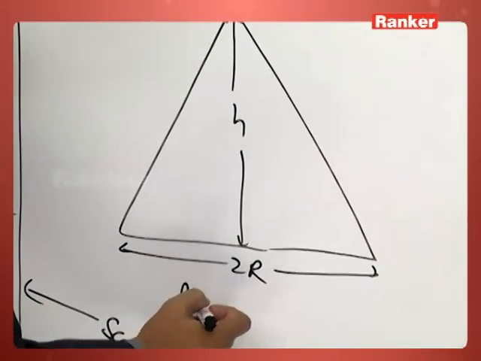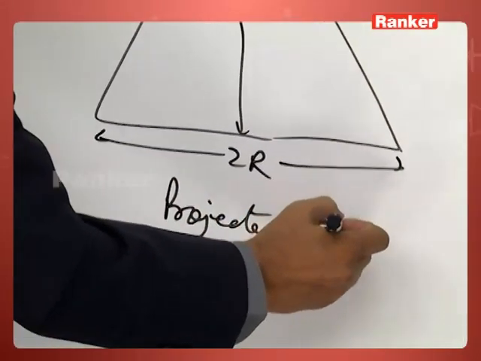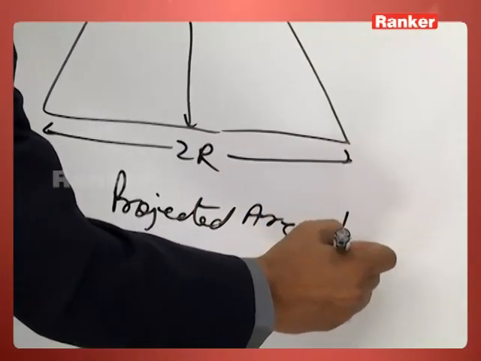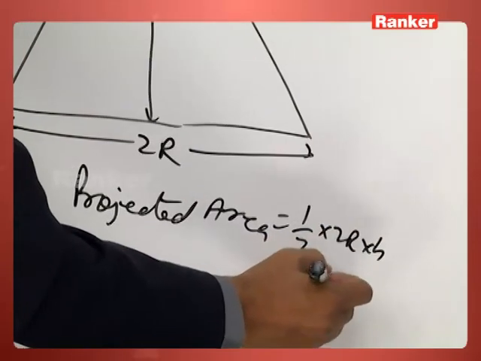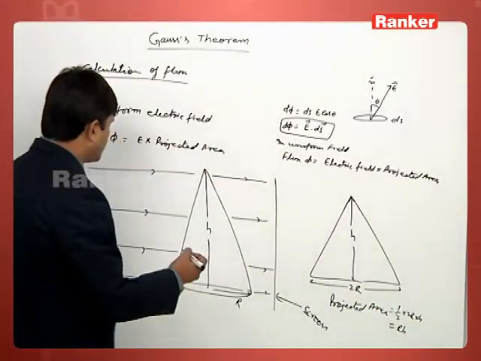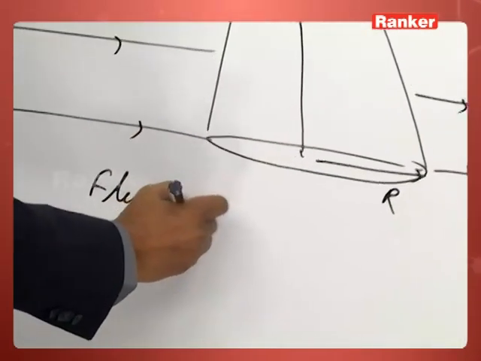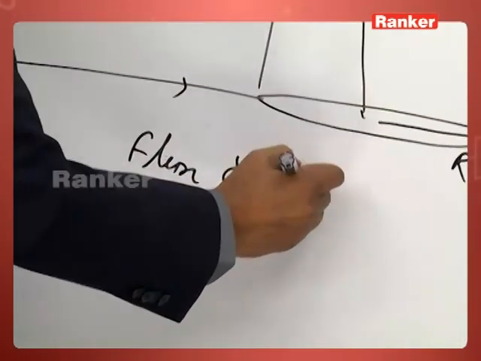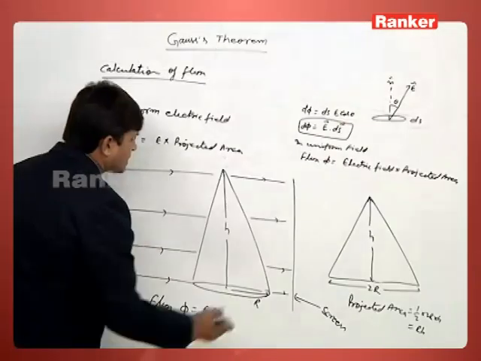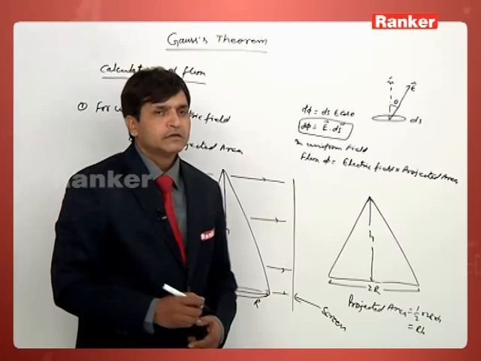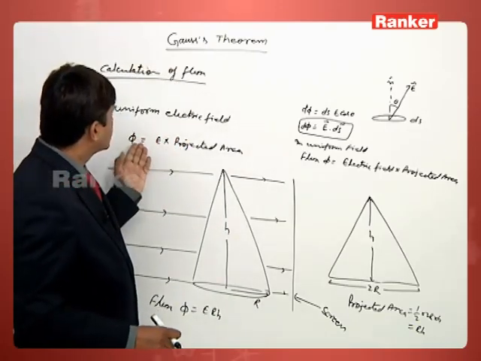The projected area will be half base into height, which is r into h. So the flux through this cone will be your electric field E into rh.